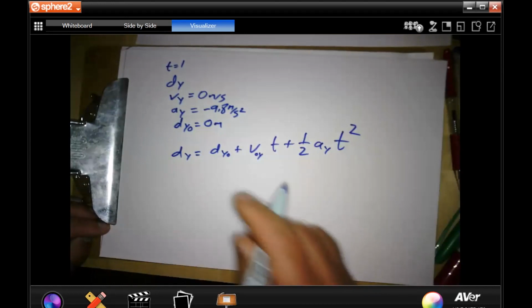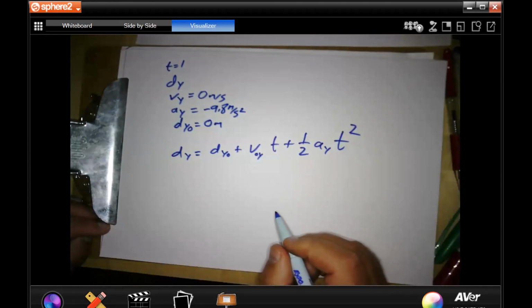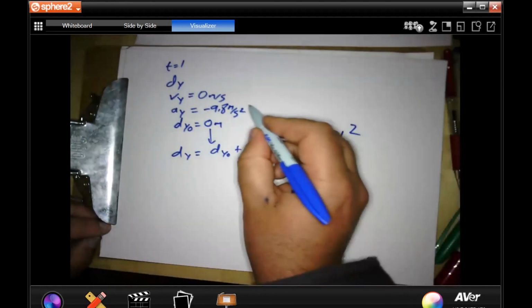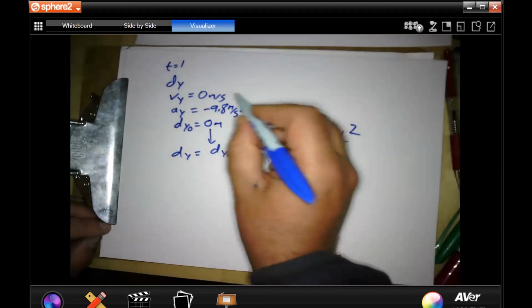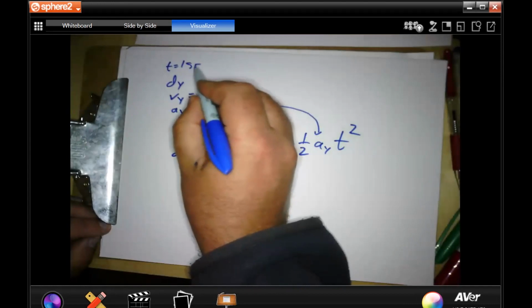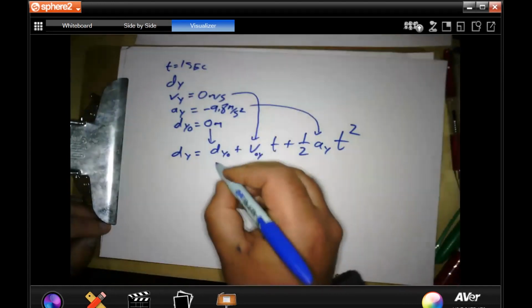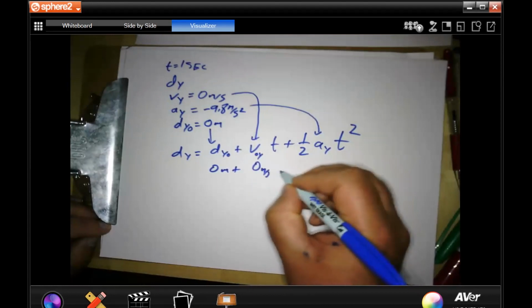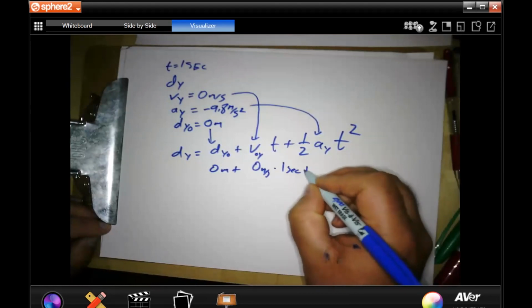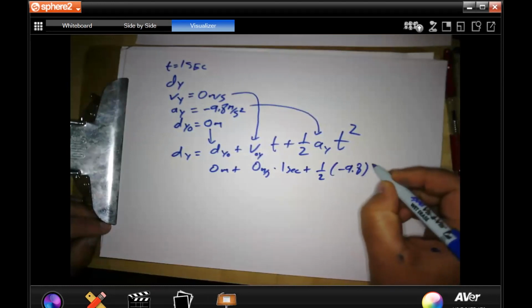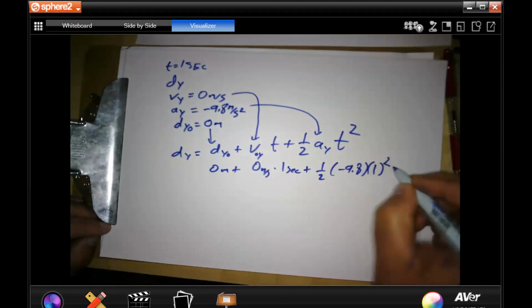Okay, so now we need to start putting in some numbers here. All right, so I'm going to put in my number there, I'm going to put in my number here and my number there. And of course, time equals 1 second. Okay, so 0 meters plus 0 meters per second times 1 second plus 1/2 negative 9.8 times 1 second squared.